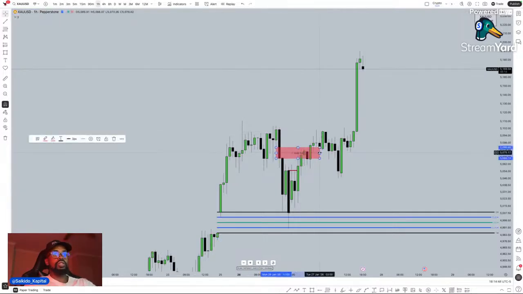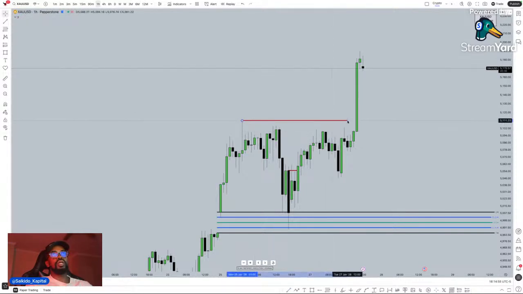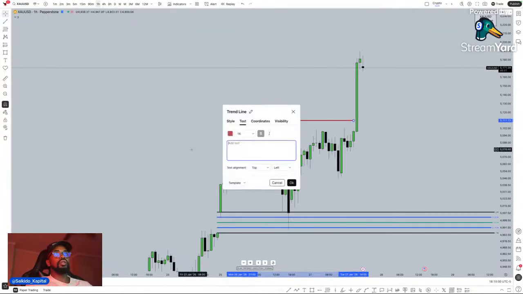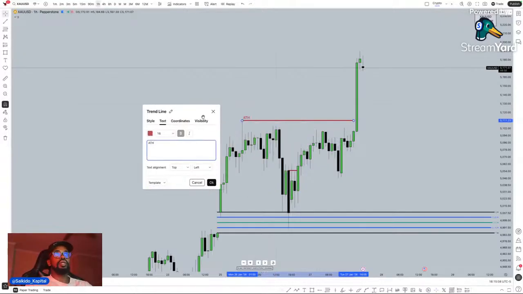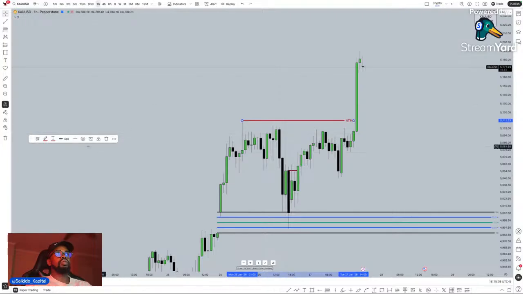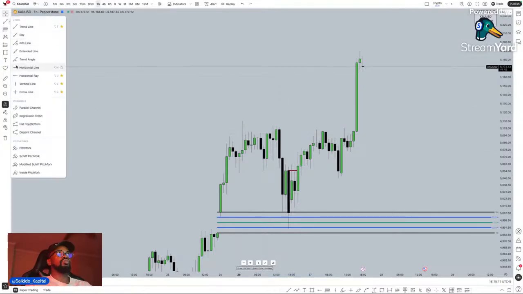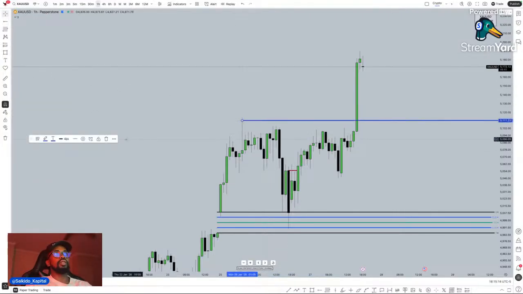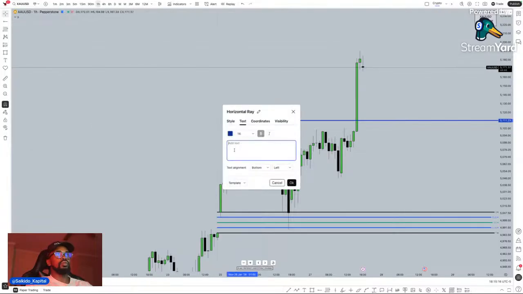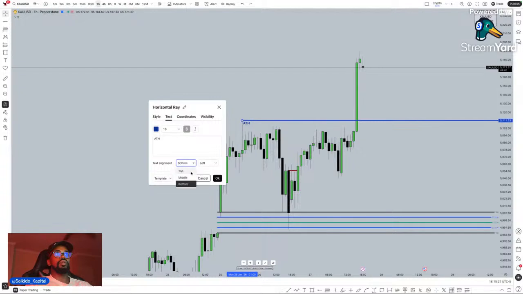Now that caused relatively equal highs, which was a beautiful draw up in here, and that's what I was aiming for. So we're going to put the horizontal line here and annotate it ATH for all-time highs.